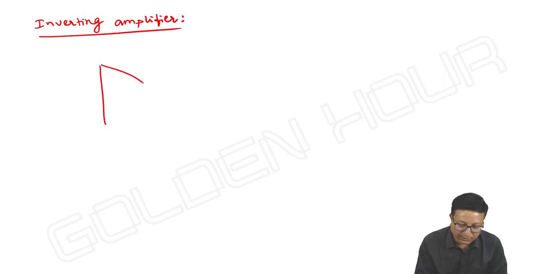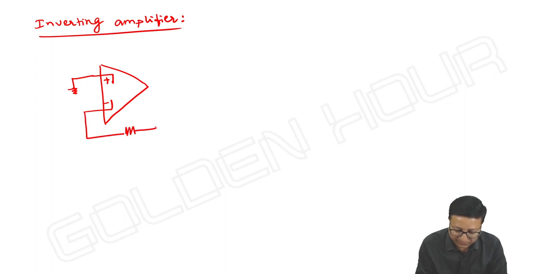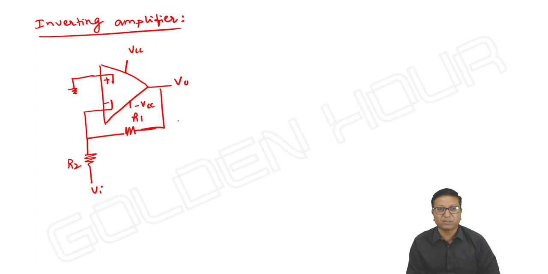So the non-inverting terminal is connected to ground, and we apply input to the inverting terminal. R2, output. Anyway, it has the power supplies VCC and minus VCC. No doubt about it, power supplies are a must, without which it won't work at all.